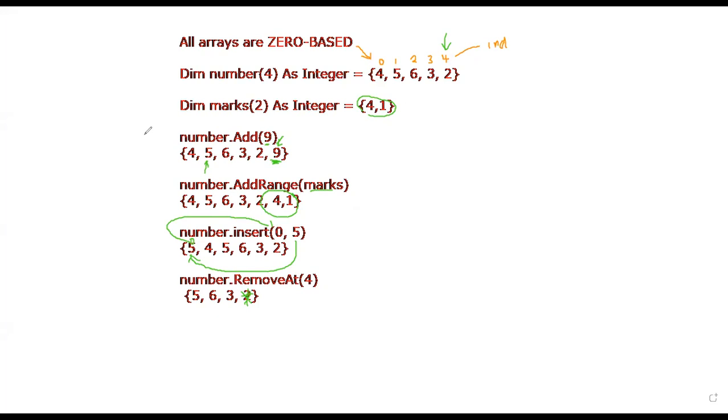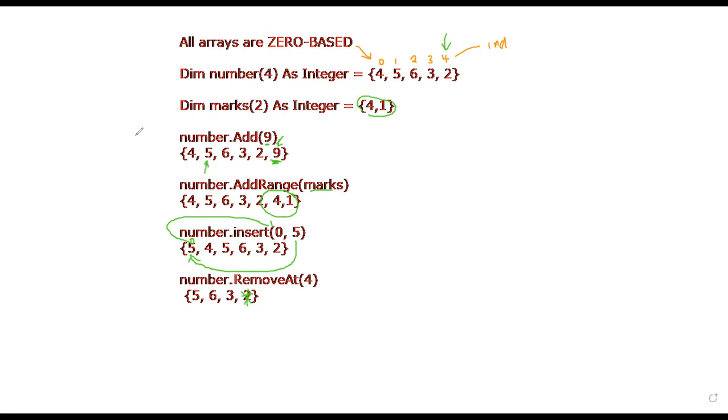I was thinking that because the index starts with 0, instead of adding 4 and 1, it will add maybe 0, 4, 1. That's what I was thinking.